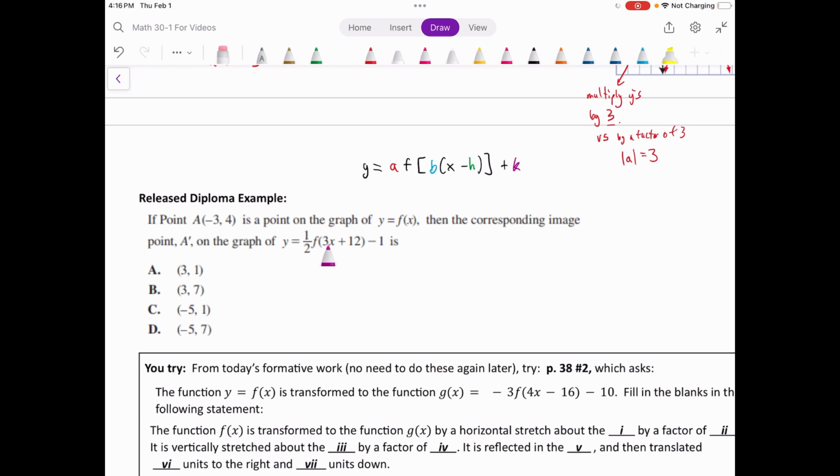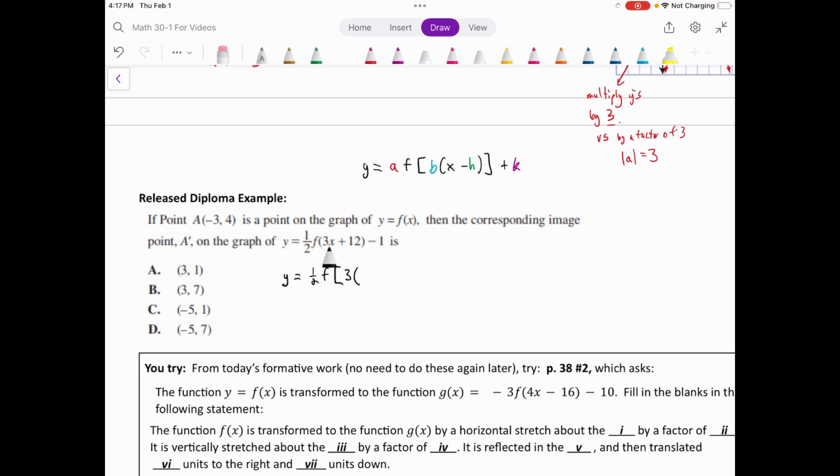Well, once again, whenever this is the case, what we need to do is have x minus h with no coefficient on our x. So we can fix that by factoring out whatever this coefficient is. So let's do that as our first step here. We're going to have y equals 1/2 f of, and I'm going to factor 3 out of this, right? So again, that just means essentially we're going to multiply by 3 so that we can divide each of these by 3.